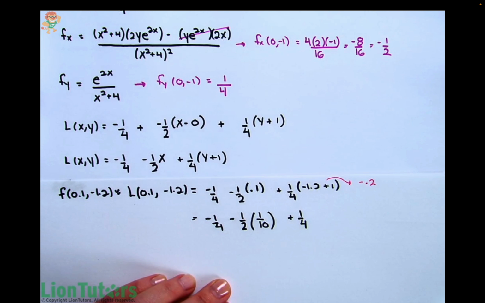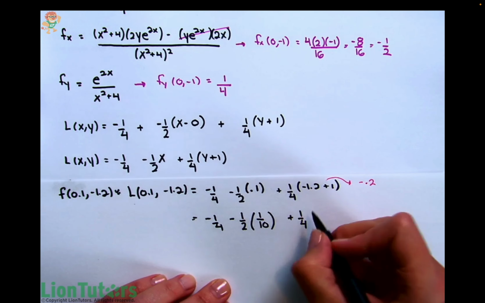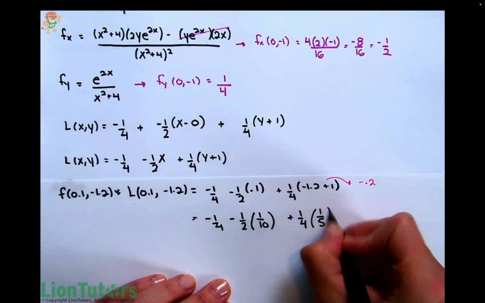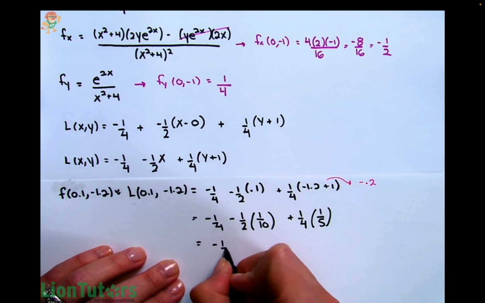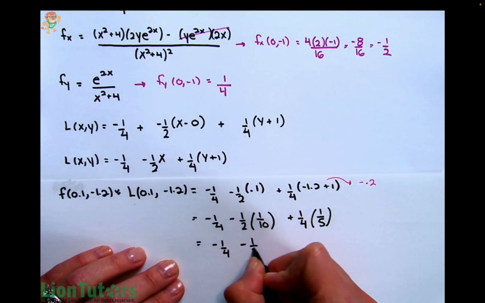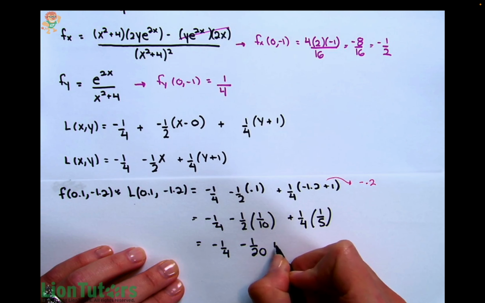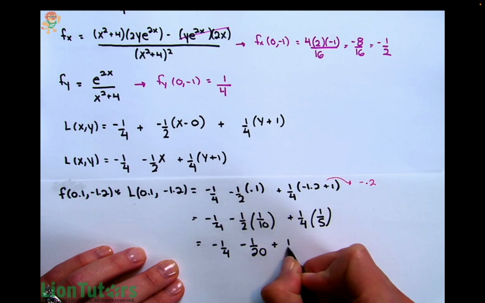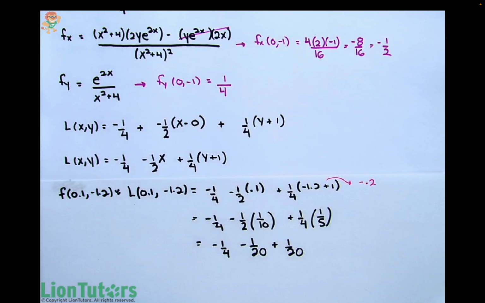So 0.2 would be 2/10 or 1/5. So that's going to give us negative 1/4 minus 1 over 20 plus 1 over 20. So overall, that gives us negative 1/4.